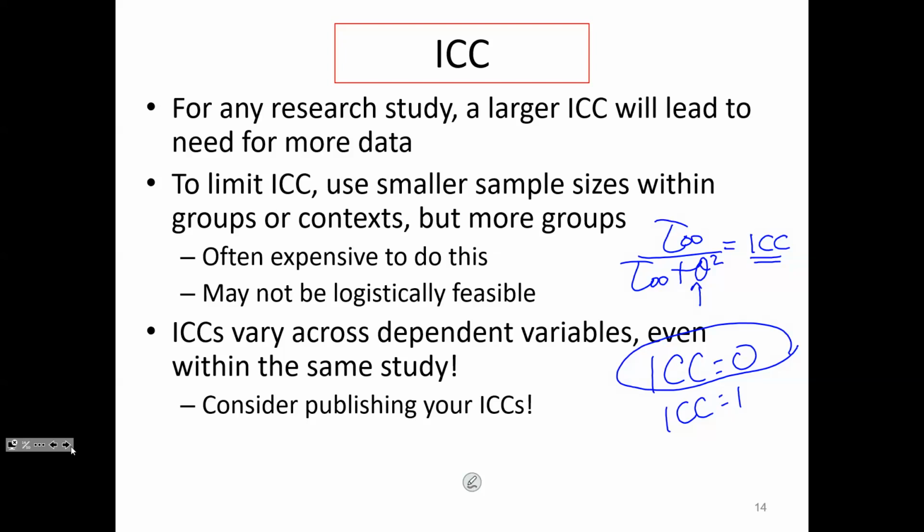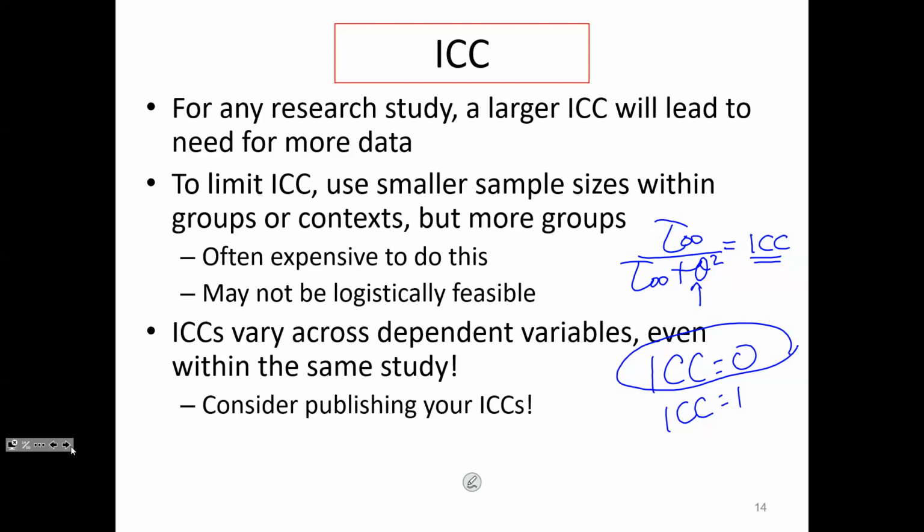Do you see what I mean? So the ICC is going to have a huge impact on our power, because if the ICC were 0, I could just do a regular old power analysis. I wouldn't have to do a multi-level power analysis at all.